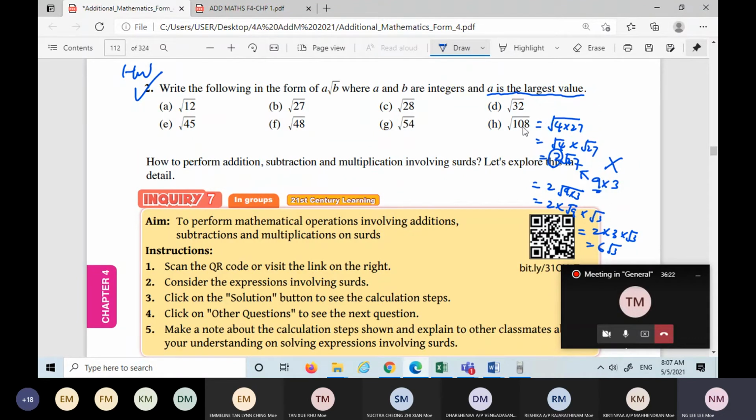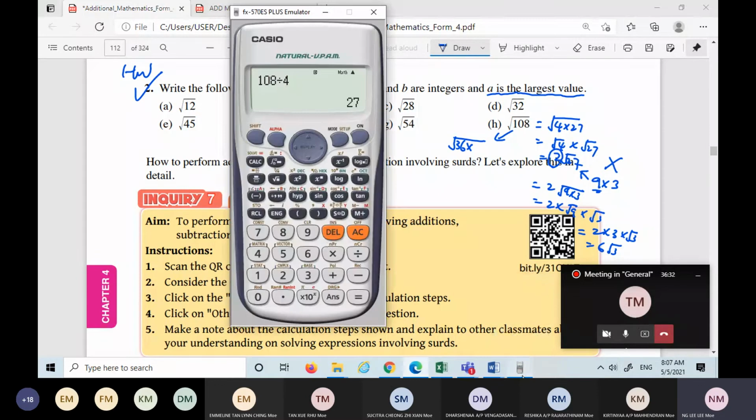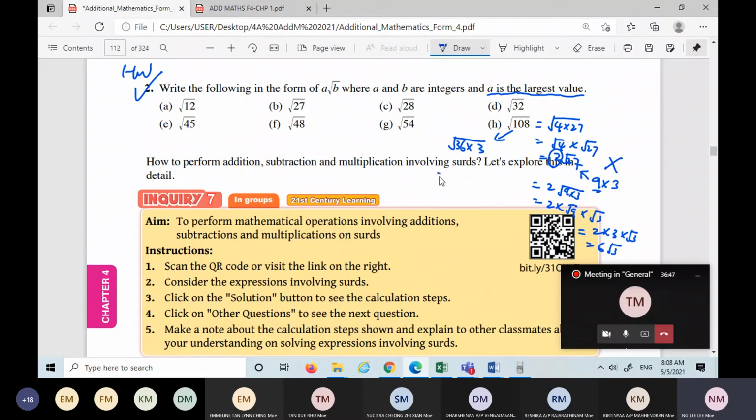If you know, in one shot actually you can write it as 36 times what? 108 divided by 36, that's what you have to try now, it's 3.